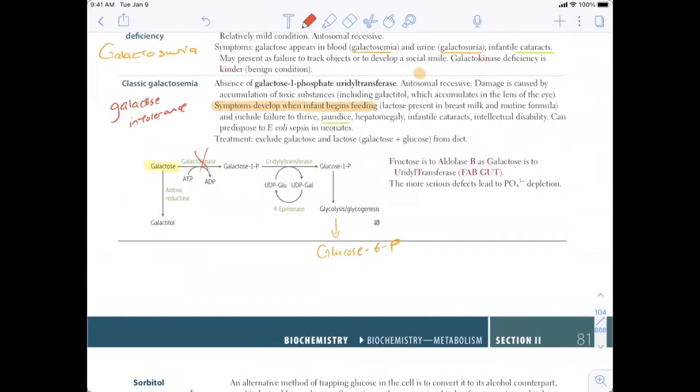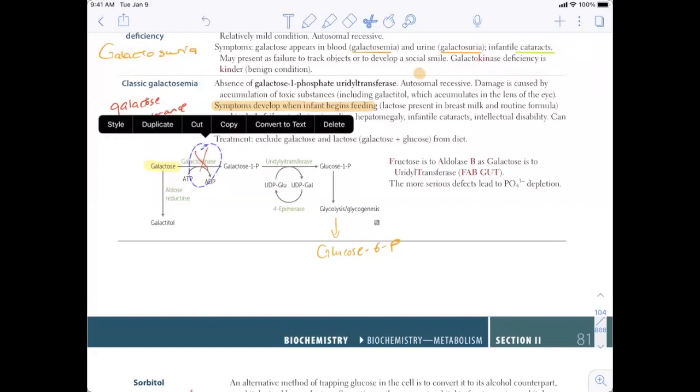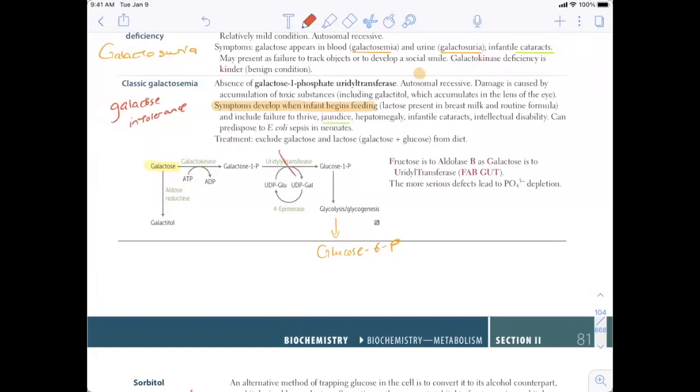That's your classic galactosemia. Okay, so the enzyme that's deficient is uridyl transferase. This one, right? So in this scenario, you block this one, you block that one. So what accumulates?